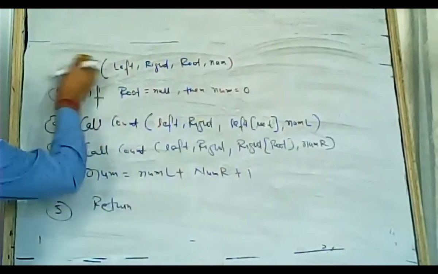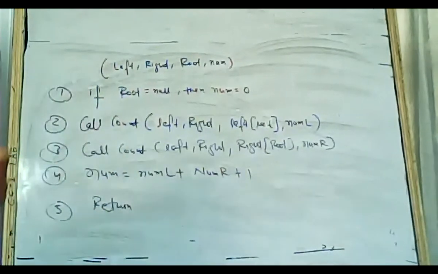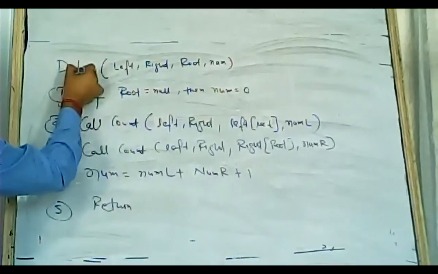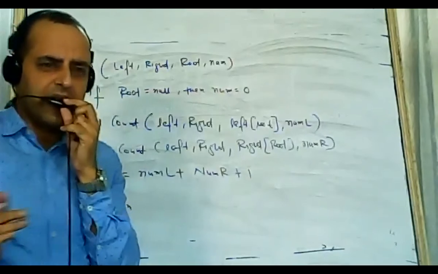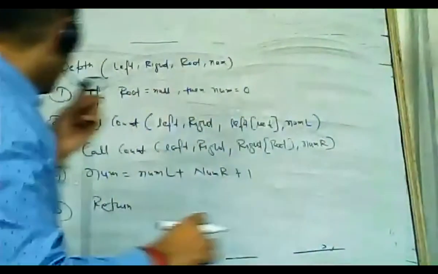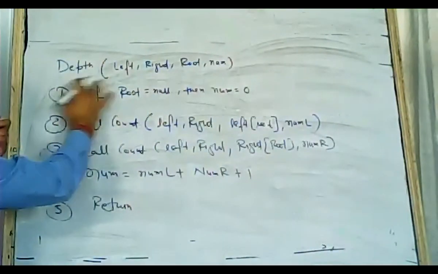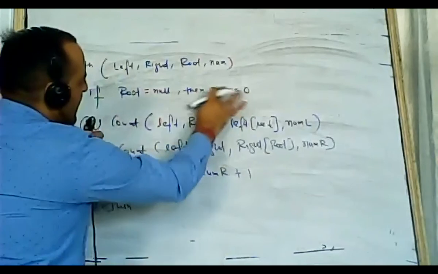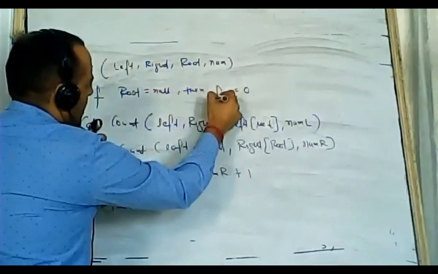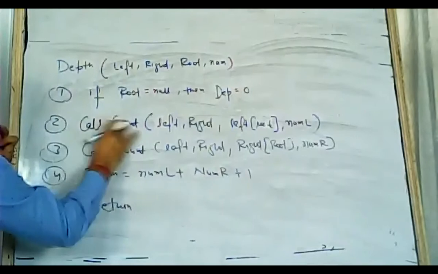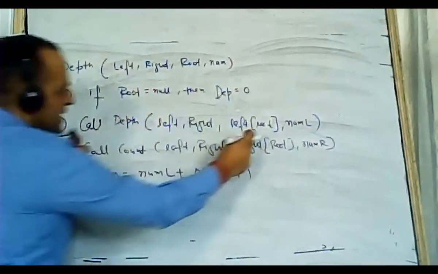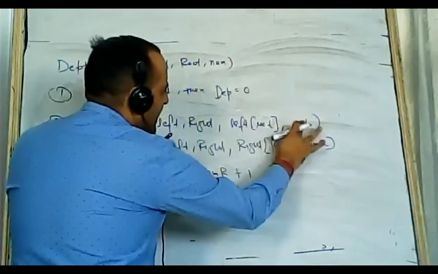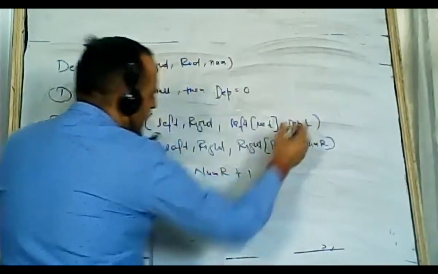Now we are going to see the depth of the tree. Okay? Depth of the tree. So again, I have named this algorithm depth. I will start from the root. If root is null, depth will be 0. Otherwise, I will call depth for the left of the root, and depth L will be the depth of the left subtree.